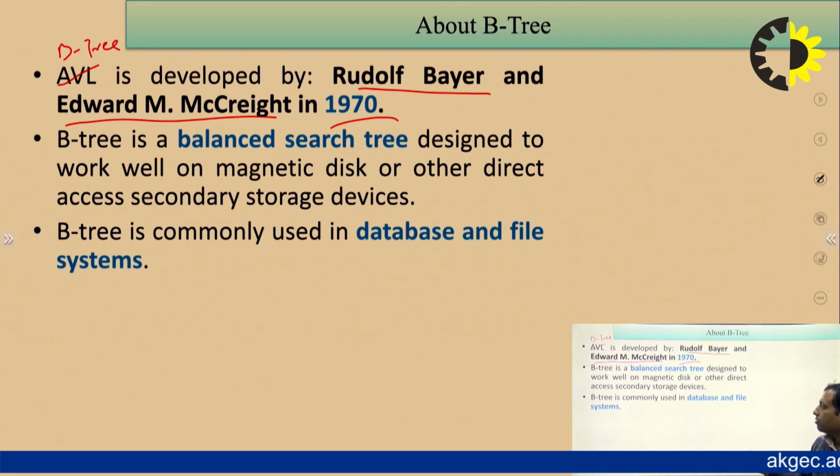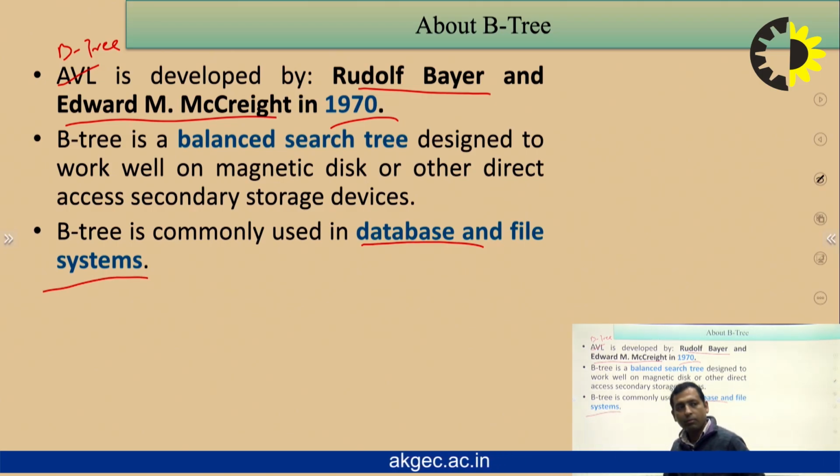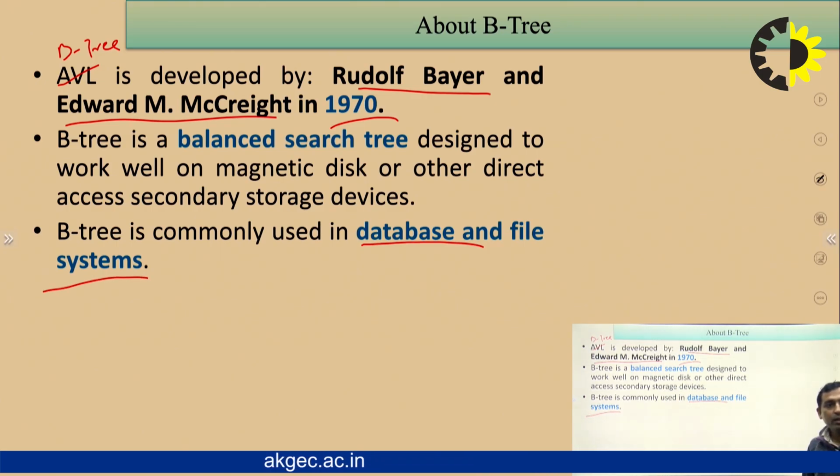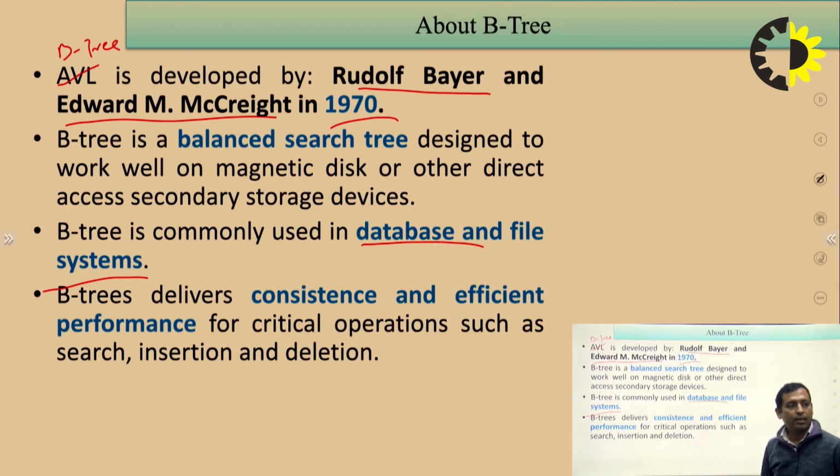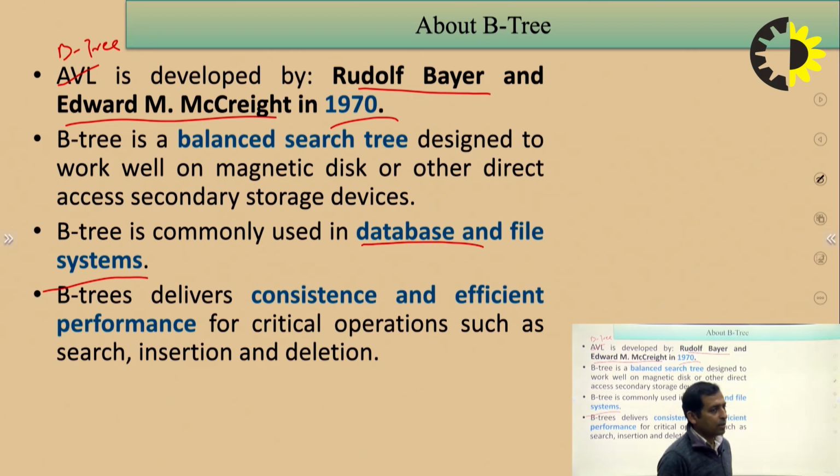It is commonly used in databases and file systems, which are kept in secondary storage, as we have discussed. The B tree delivers consistent and significant performance for critical operations such as search, insertion and deletion. Effectively, we can create, insert, search and delete in the B tree.